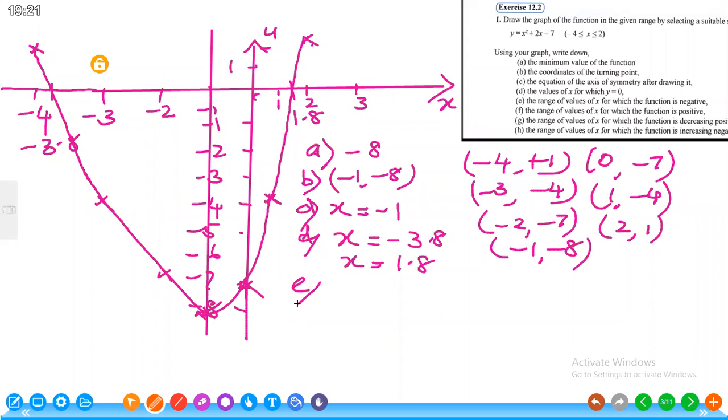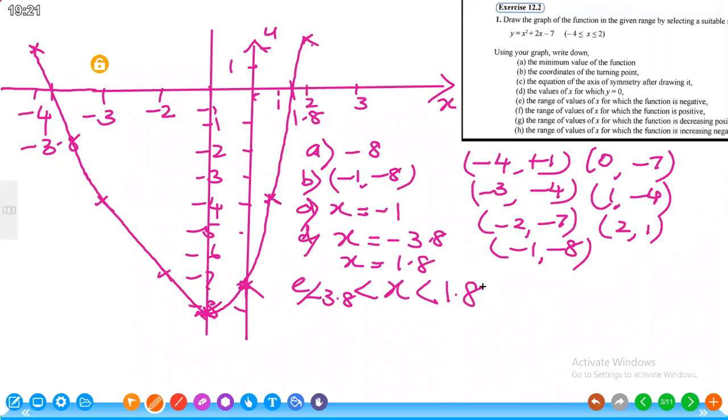It lies between x greater than minus 3.8 and less than 1.8, right? So the answer is x greater than negative 3.8 and less than 1.8.